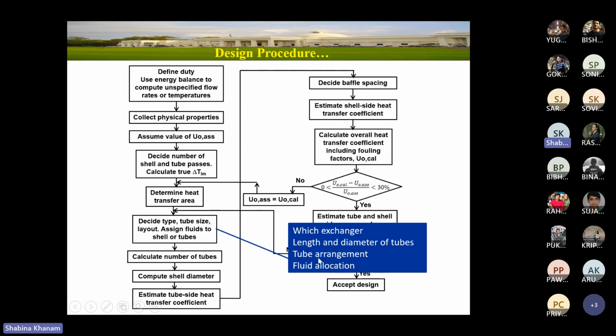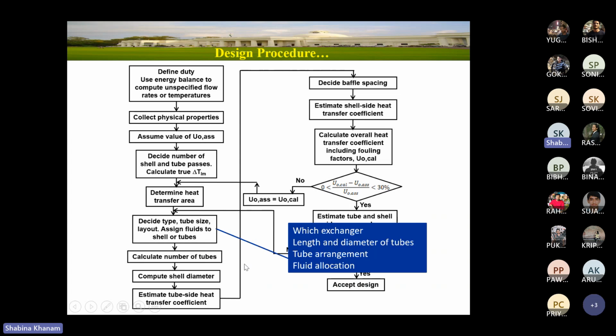Fluid allocation, very important, that we have discussed I think 1 or 2 classes back. Their fluid allocation to tube side and shell side, and priority order also we have discussed. Okay, so based on that you will assign the fluid to shell side or tube side.